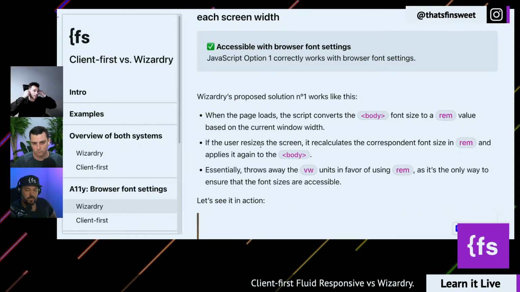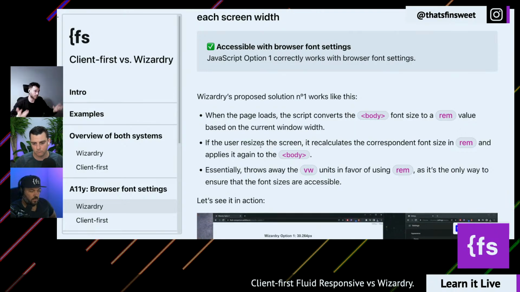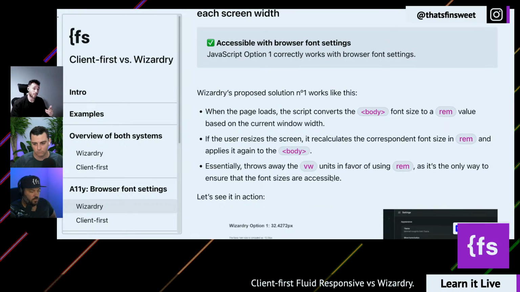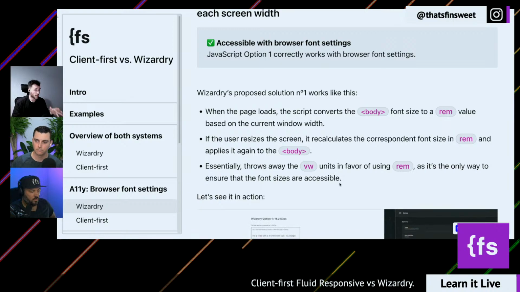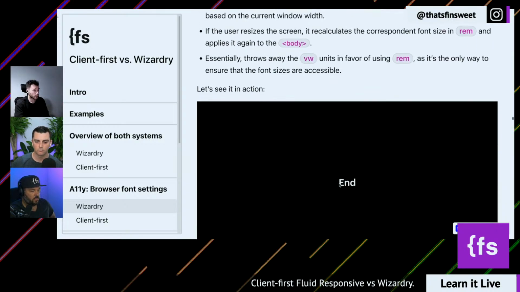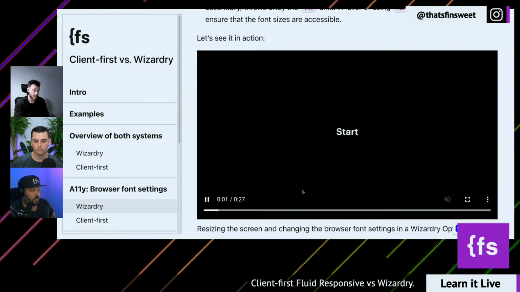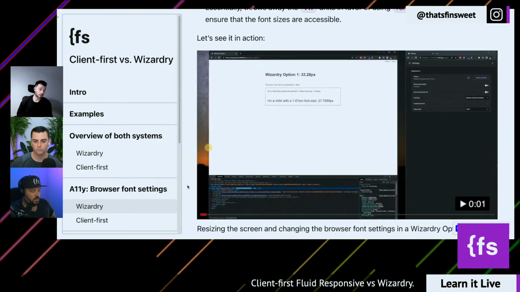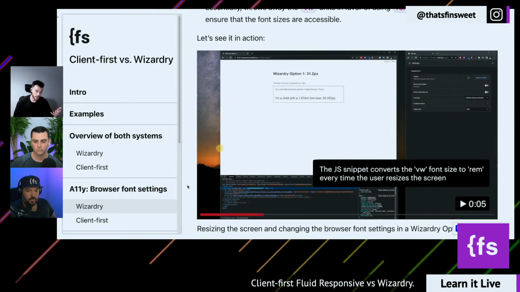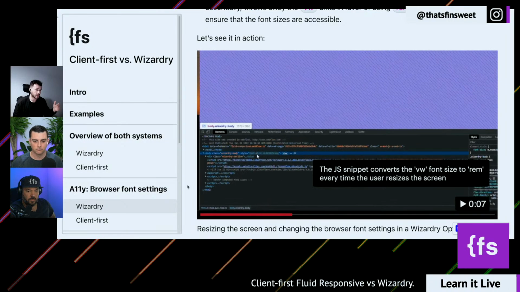So you're already doing more work to do the same that you would be doing without VWs. But in this case, when setting the font size to a fixed rem value based on the screen, changing the browser font size works, because now we are no longer basing all the EMs of your project on any value that's VWs.